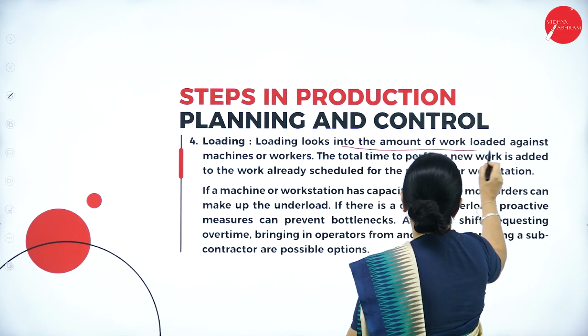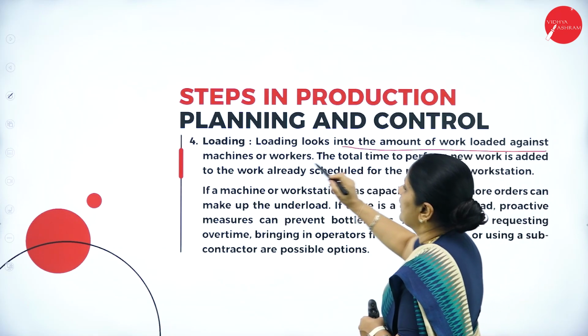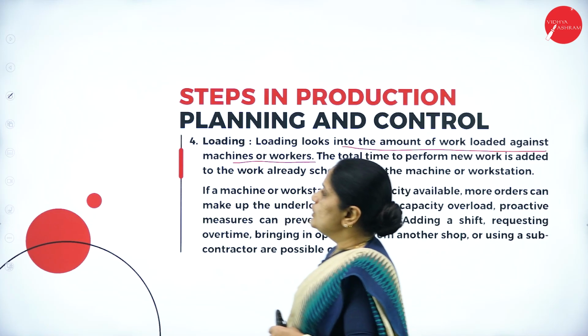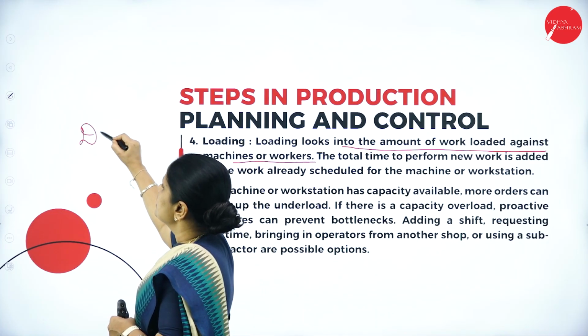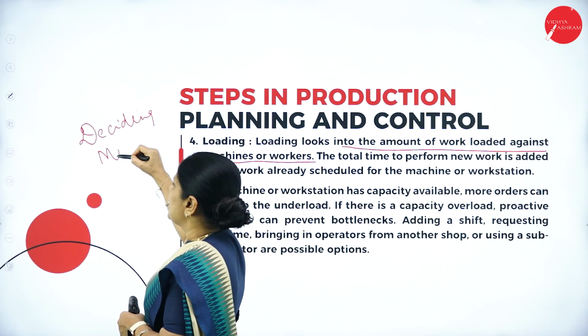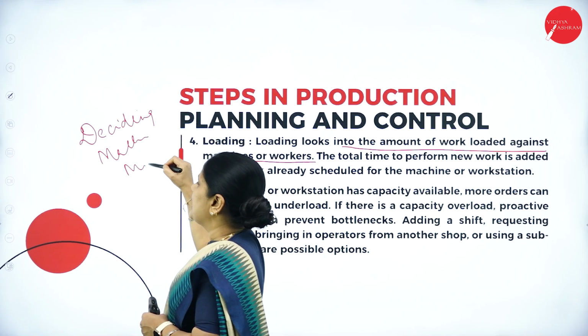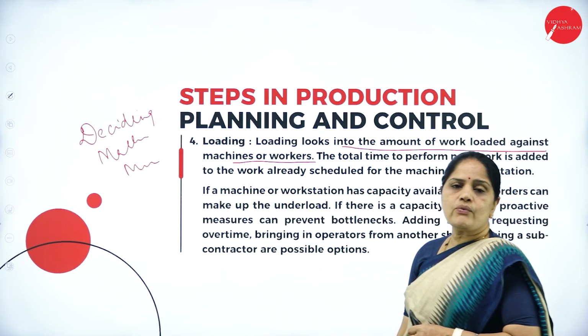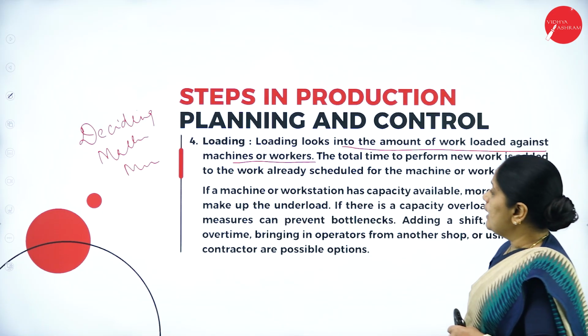Loading looks into the amount of work loaded against the machines or the workers. So, loading means you are deciding what work is to be done by deciding the machine work and the men's work. What is the work expected of the machine, and what work does each man have to do on the machine?